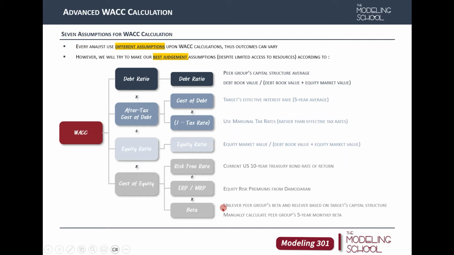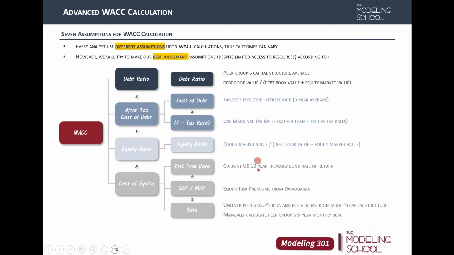So there are many ways to calculate beta, but the most popular and the most common way to do that is to calculate peer group beta. So we're going to derive peer group beta. For Marriott International, we have peer groups like Hyatt or Hilton, Intercontinental, other hotel franchises. We're going to calculate those companies' beta and average it.